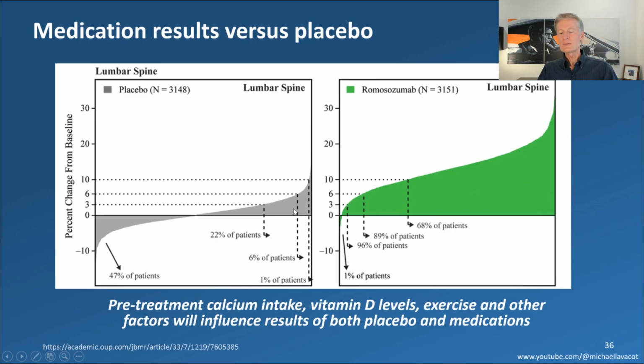If you're low, they'll give you these big doses of vitamin D for a couple weeks and then bring you back down to, say, 1,000 to 2,000 IUs a day to keep you in that sweet spot zone. And then you start the trial. Well, guess what? That almost proves the effectiveness of vitamin D and calcium, right? Once you get those balanced, and if you're way off, these can make a big difference. And people are gaining 10% bone mineral density in 1 year, right? That's more than a half a T-score in 1 year.